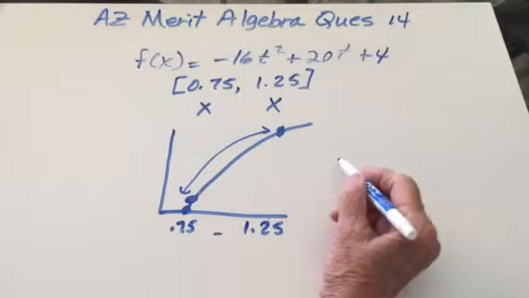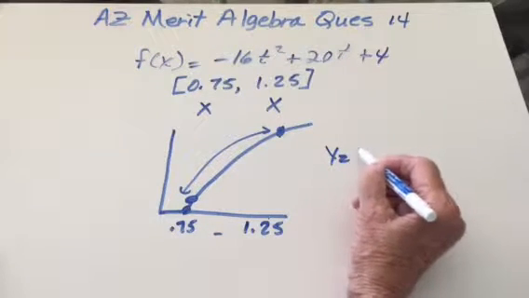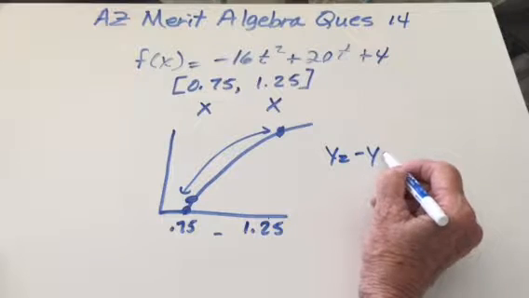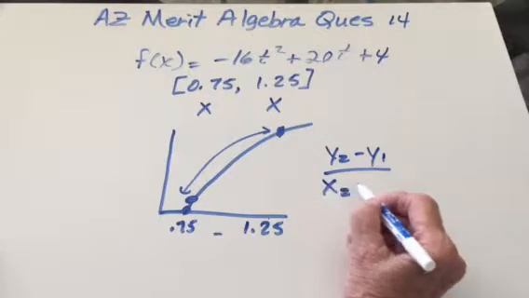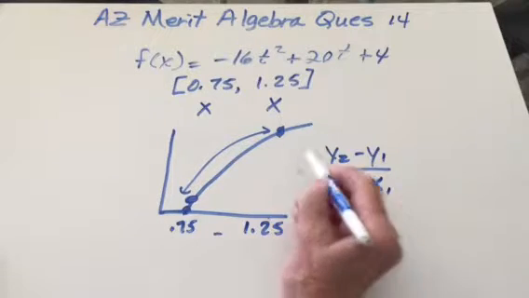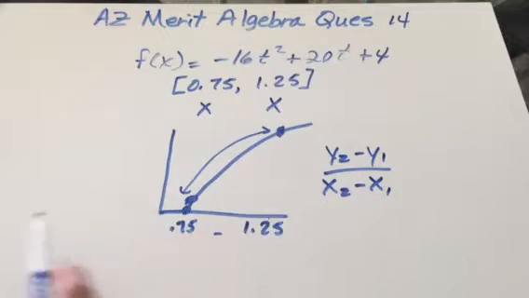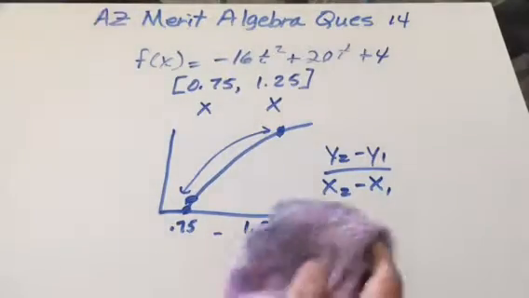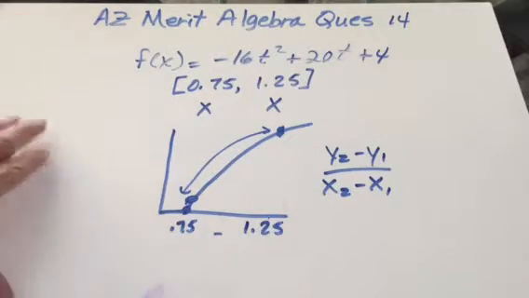Remember, to find slope, you have to go y2 take away y1, the change in y, over the change in x. So it's this change over this change. Let's graph it right here, because we need to find out what those points are. Right now we don't know.